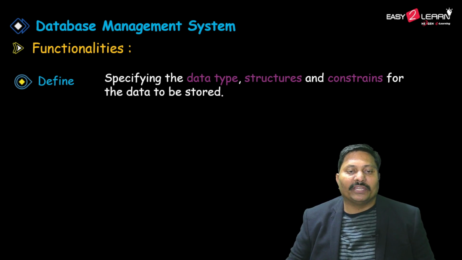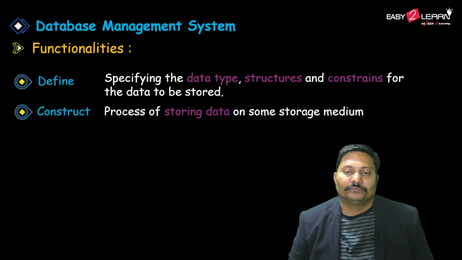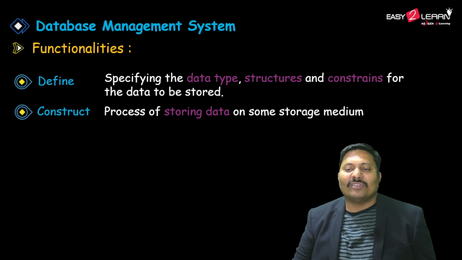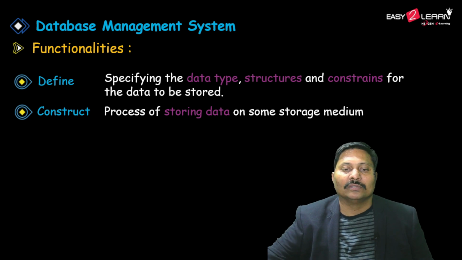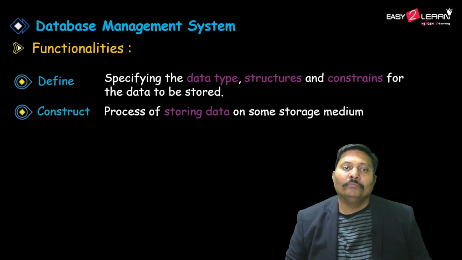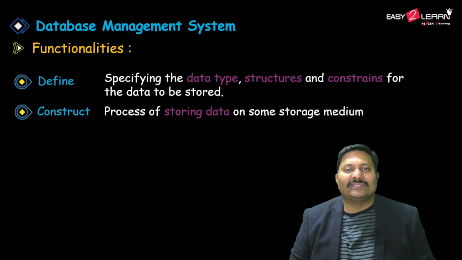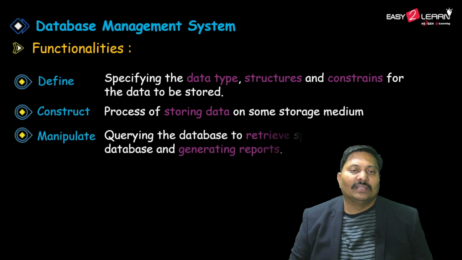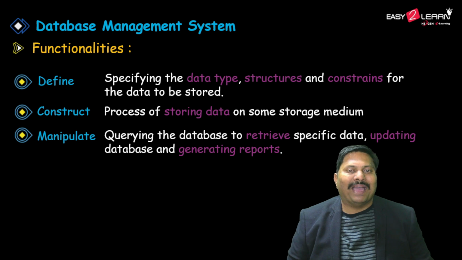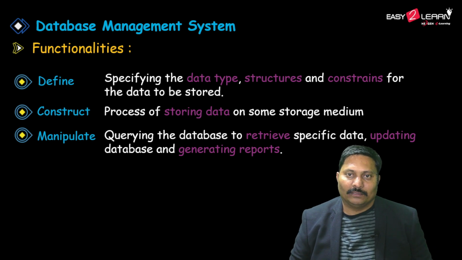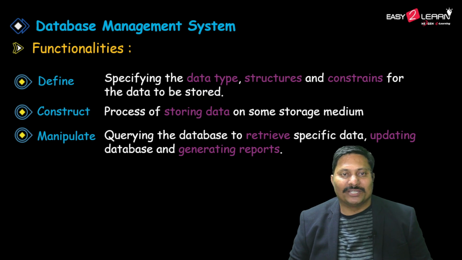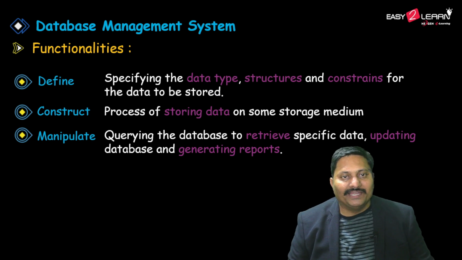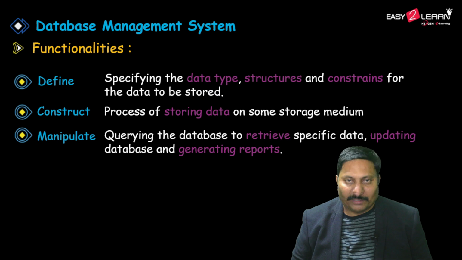The next functionality, constructing the database, is nothing but the process of storing data on some storage medium, or in other words, a storage of data. So, when the data is stored, a database is being constructed. The next functionality is manipulation of database, which includes functions like querying the database to retrieve any data that the user needs.